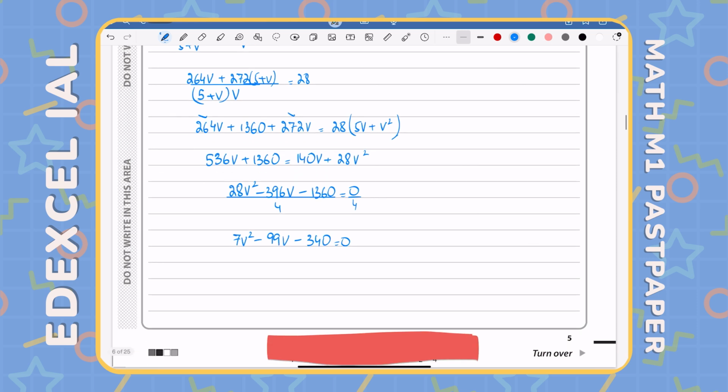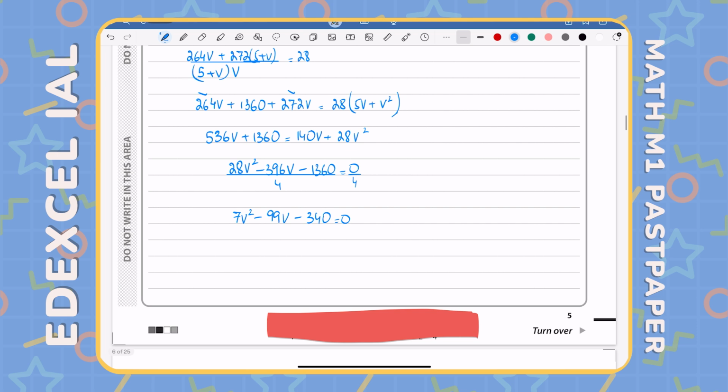So obviously we're going to need the quadratic formula over here. v is equal to minus 99 plus minus square root of b square, minus 4 into 7 into minus 340, upon 2a, that means 2 times 7. I think we can do middle term breaking, but that's going to be very difficult to find the relevant terms.